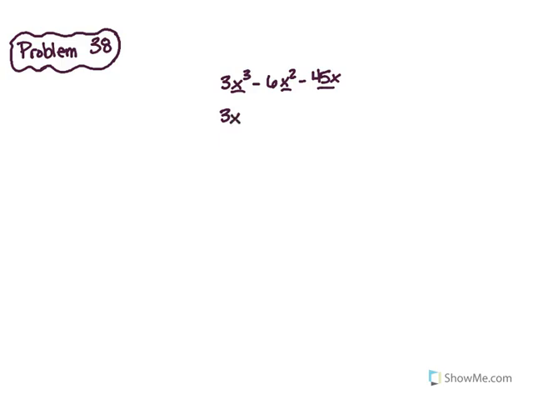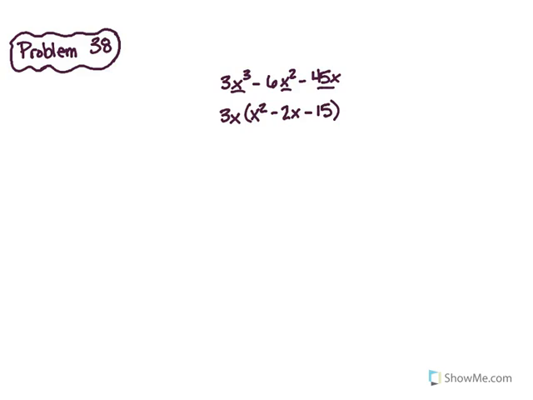So we can take a 3 out and an x. 3x times x squared is 3x cubed, minus 3x times 2x is negative 6x squared, and then minus 3x times 15 is negative 45x. So you should be able to distribute these back out and get your original answer. That's a good way to check yourself on all of these and make sure you have the right thing from the beginning.